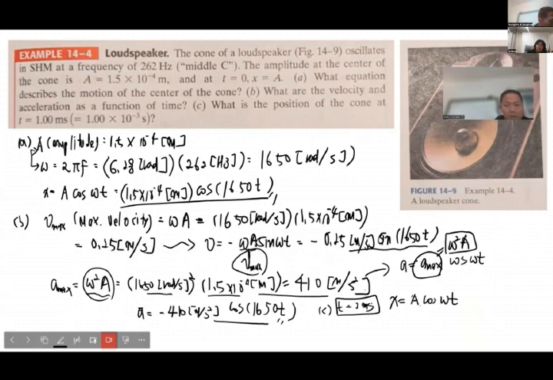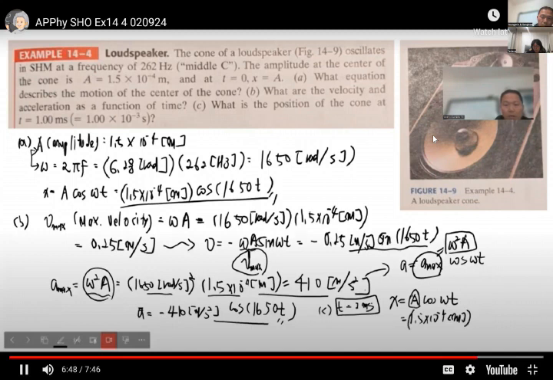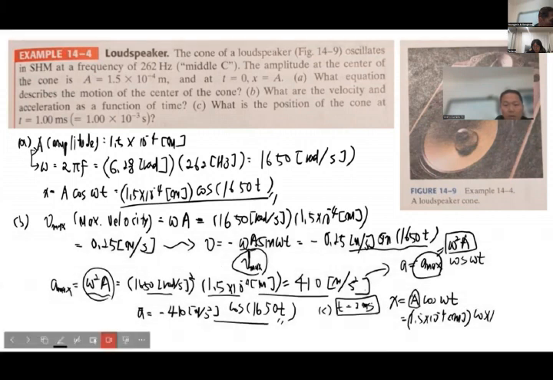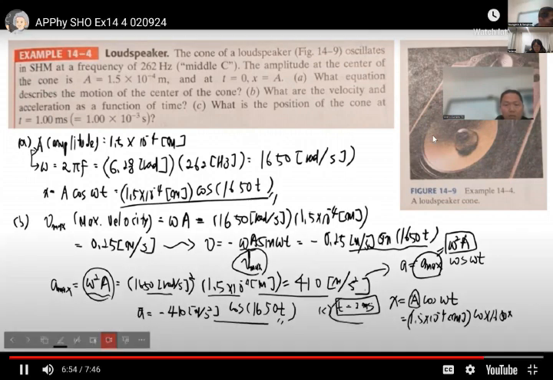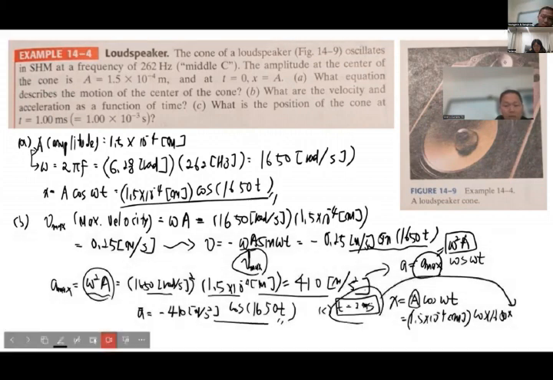So the A is 1.5 times 10 to the minus 4 meter maximum amplitude. And now we plug in 1650. And now you plug this 1 millisecond into the t, which is 0.001 second.